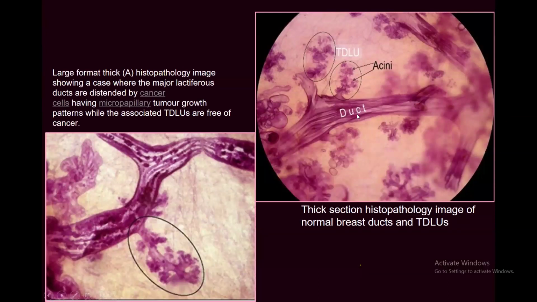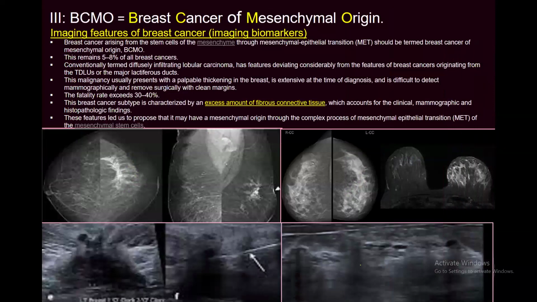Here we can see a normal duct and the acini, and here an abnormal duct with normal acini. That means cancer arises in a duct, with the adjacent terminal duct lobular unit free of cancer.